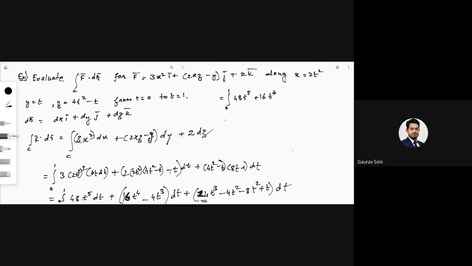This is minus y, so minus 4 t cube, and there is again this t outside, minus t, that we forgot to write down.